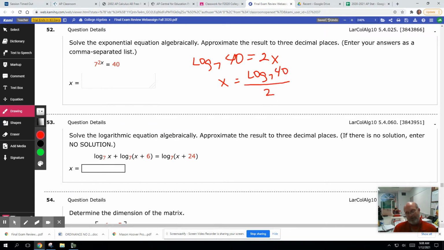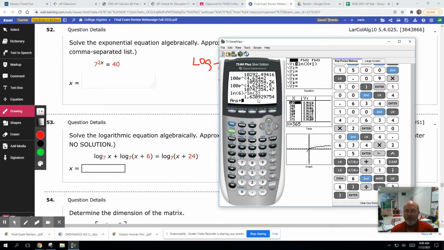Now you can enter log base 7 of 40 on your calculator. This calculator that I'm using, we have to use that change of base formula. So I'm going to end up doing ln 40 divided by ln 7, all over 2. I'm going to type that in the calculator because I don't have that new operating system on here.